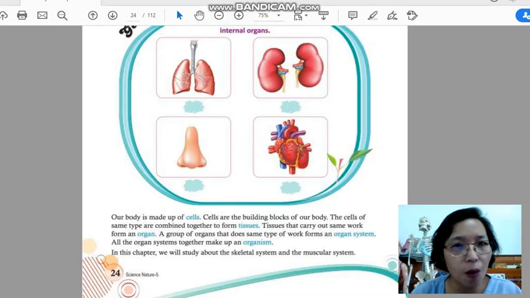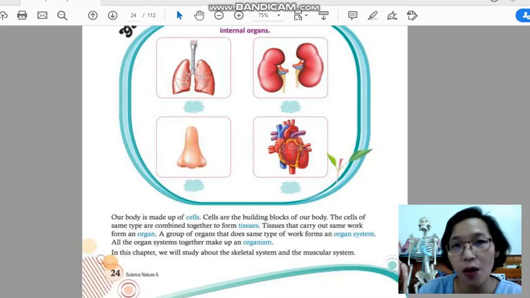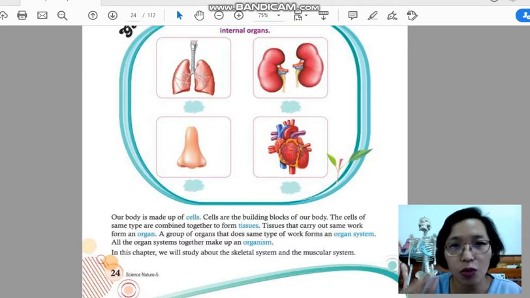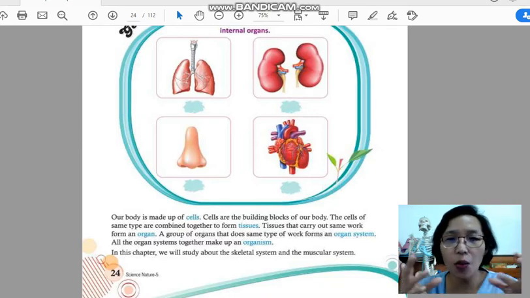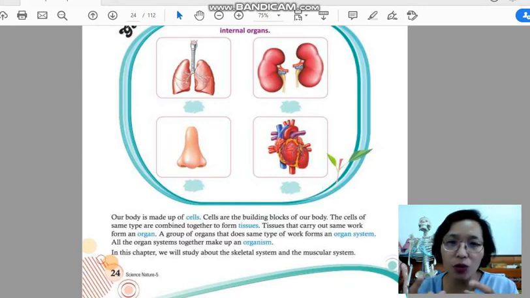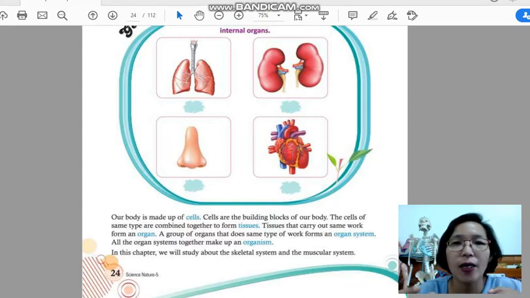It starts from the smallest thing, we call it cell. Jadi sel adalah bagian terkecil dari tubuh kita yang memiliki kerja khusus, yaitu fungsi-fungsi khusus. When the same type of cells work together, they form the tissue, jaringan.